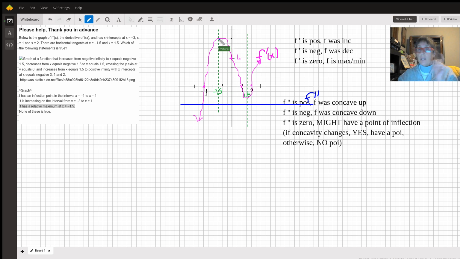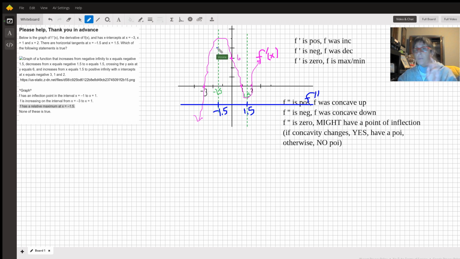So at a min or a max, the derivative will be 0. So my second derivative is 0 here. And here's another minimum. My second derivative is 0 here, because we're taking the derivative of this.